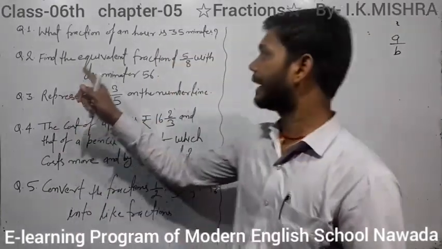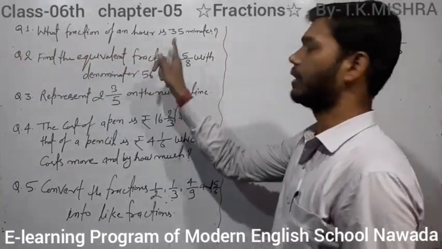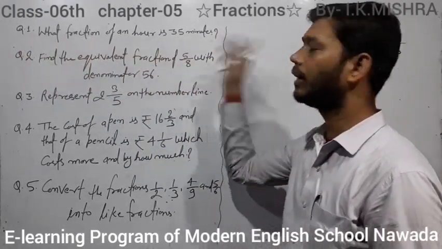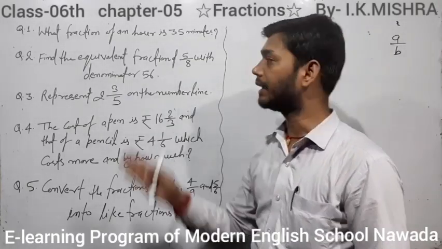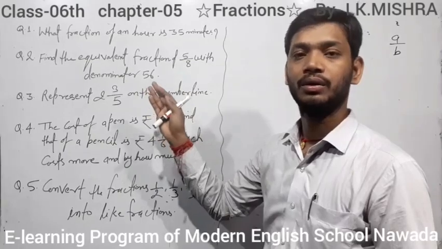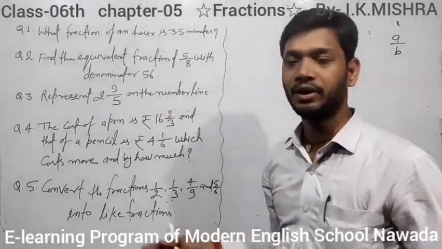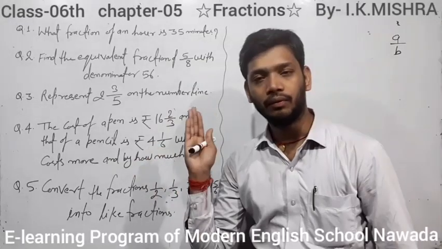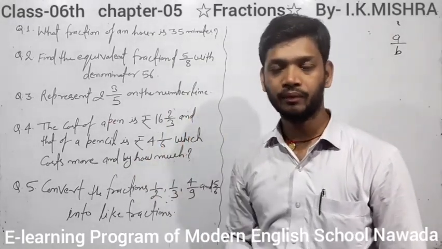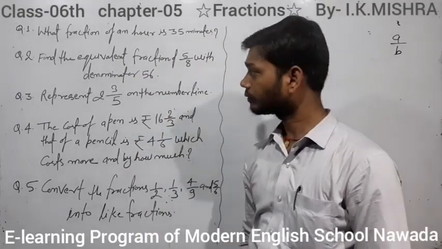I write on the board: what fraction of an hour is 35 minutes? I think this type of question is already done in previous videos. If you want more explanation, then watch the previous videos. So here I solve the first question.